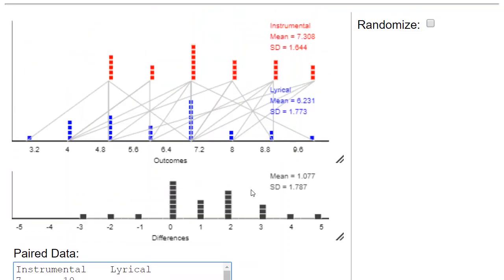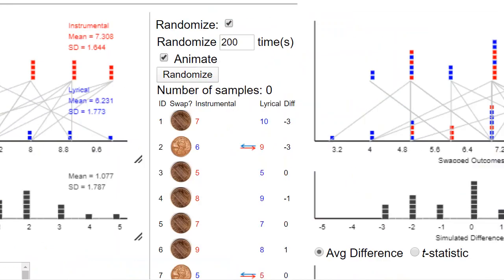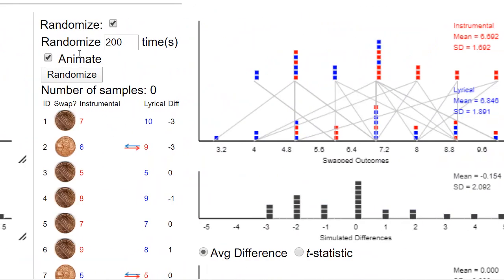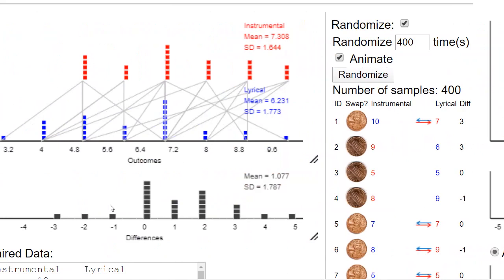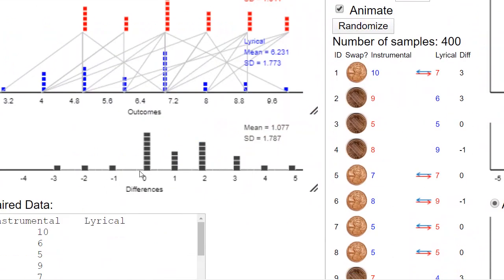And so what that means is when we go to randomize here, what it's going to do is take all of those numbers that we got, and for each one, so this -1 here, it's going to flip a coin to see if it should keep it as -1 or flip it to +1. So it's essentially saying, hey, what if we didn't know which way the difference went?